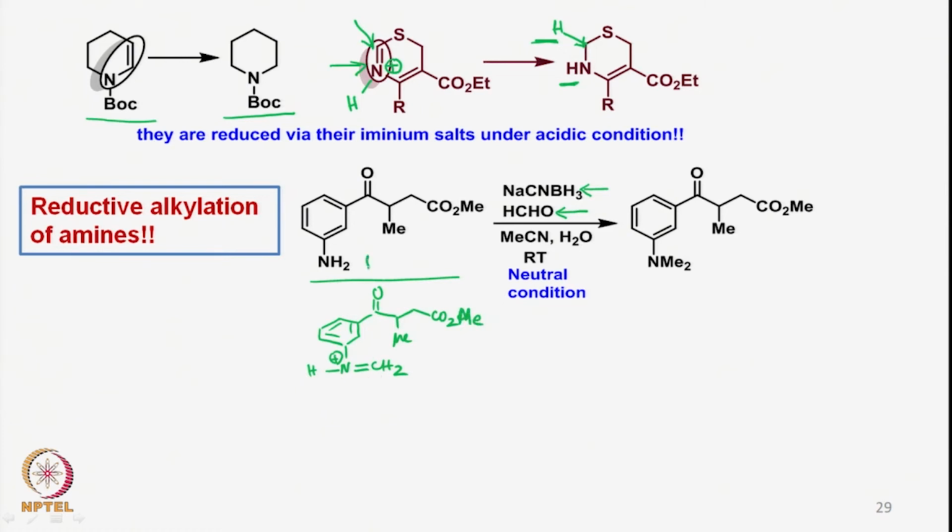That means there is a condensation with the formaldehyde and an imine is formed, and this ammonium ion then gets reduced at this stage with sodium cyanoborohydride to form the N-CH3 here, and of course the corresponding carbonyl group is present and the corresponding ester is also present.